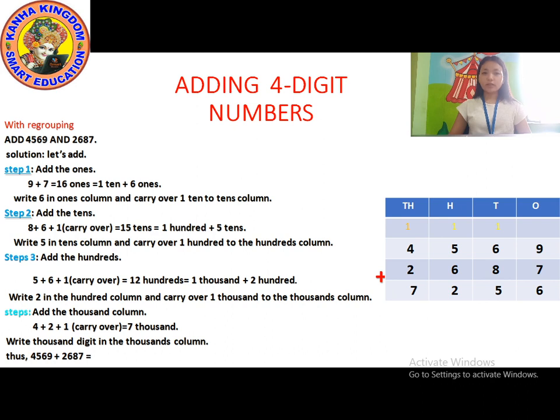We got 7256 as the sum or total of adding these two numbers, that is 4569 and 2687. I hope you all have understood the concept of adding 4-digit numbers with regrouping through this one example.